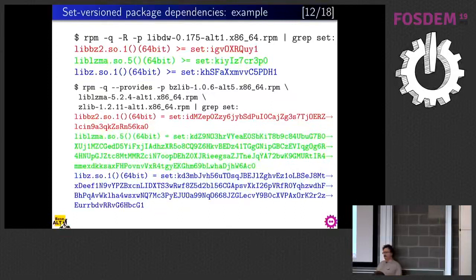Compared to those you're probably familiar with, you can see not just a name, but also a set, and after the colon you see this set version encoded in base 64 human readable form. And the provides, as you can see, are much longer than the requires. It's often the case when clients use only a subset of the functions of the interface provided by libraries.